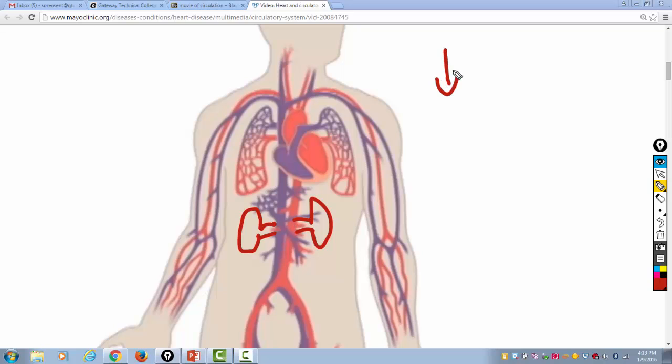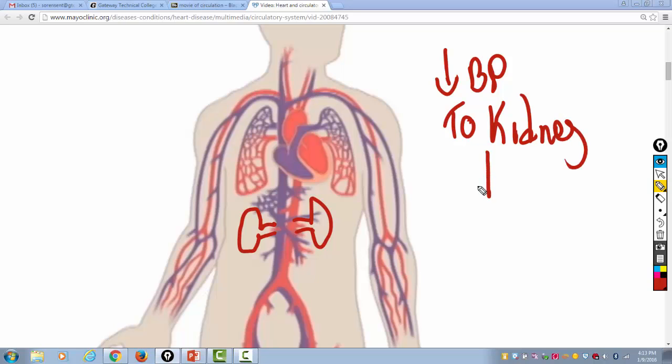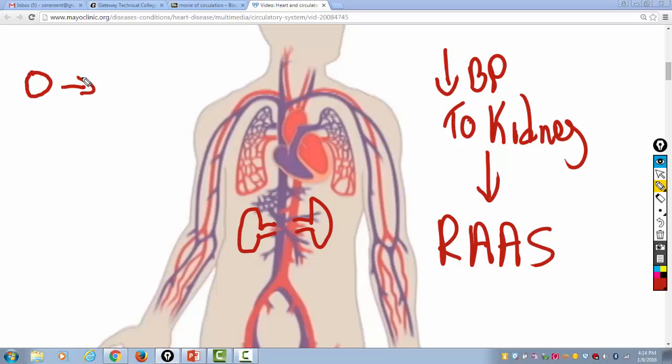So a drop in blood pressure to the kidneys, right? That's going to activate the renin, angiotensin, aldosterone system. Lack of blood flow to the kidneys turns that on. And the renin, angiotensin, aldosterone system does basically two things. It takes arteries throughout your body that were like this, and it will constrict them. So it causes massive arterial vasoconstriction.